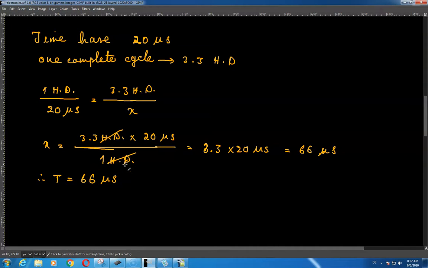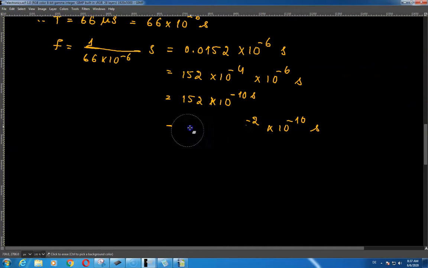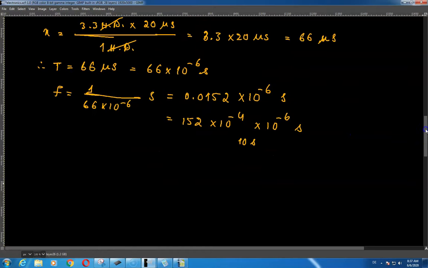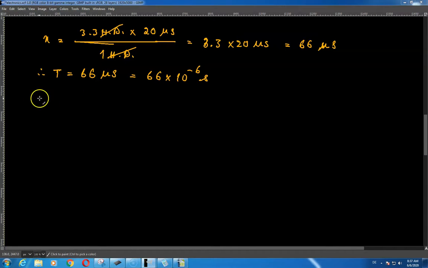In order to calculate the frequency, you know that frequency is 1 over period, which is 1 over 66 times 10 raised to the power negative 6 seconds, right?